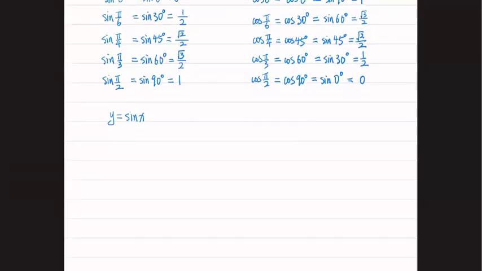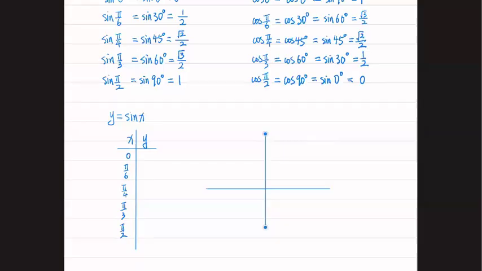Okay, now let's complete the following x and y. X: 0, pi over 6, pi over 4, pi over 3, pi over 2. Find the y values. Then mark the points on the coordinate system.